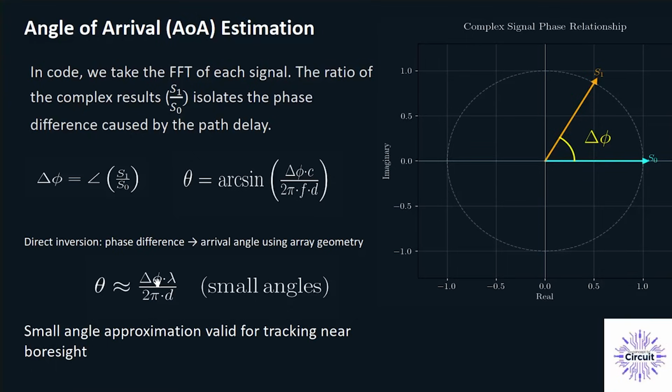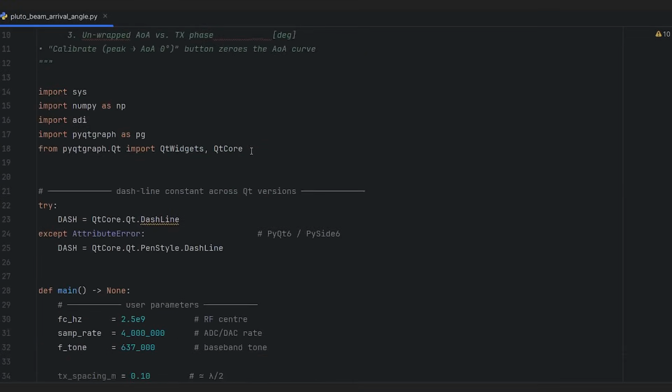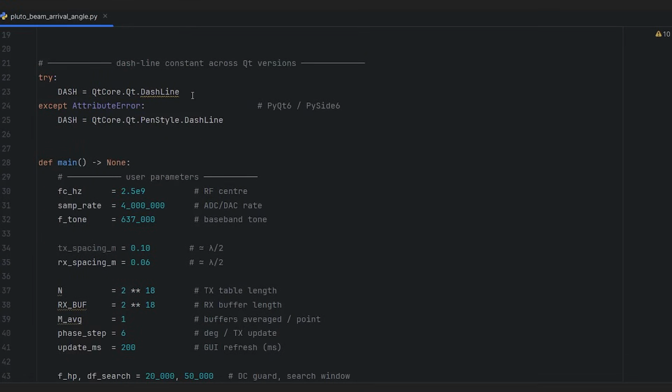Now we are going to look at the code and see how it's implemented and how it works. You are looking at the code for our angle of arrival measurement.